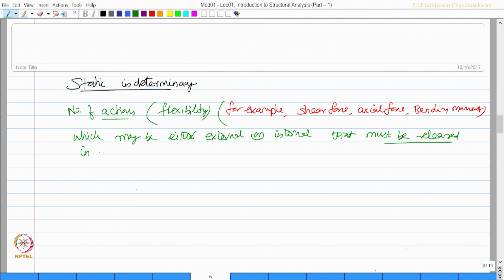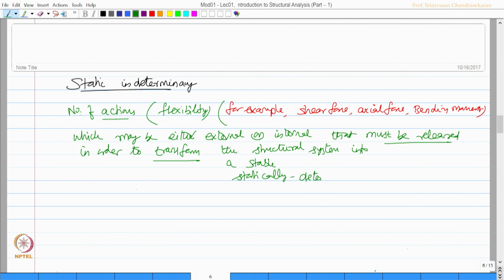Why do you release this? In order to transform the structural system into a stable, statically determinate system.